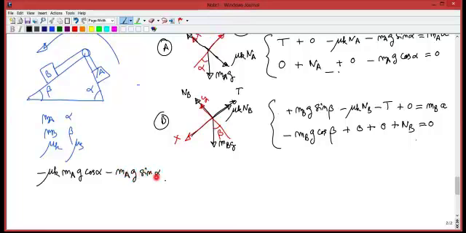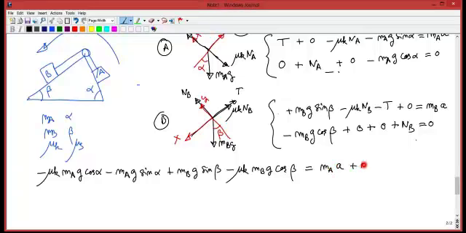Then I'm going to add all the terms on the left-hand side of the third equation, which is positive m_B g sine beta. T is going to disappear, and then the only one remaining is mu_k N_B, and N_B can be solved from the fourth equation, which is nothing else but m_B g cosine beta. And now I can add everything on the right-hand side. There's only 2, same as before, m_A a plus m_B a. Done.